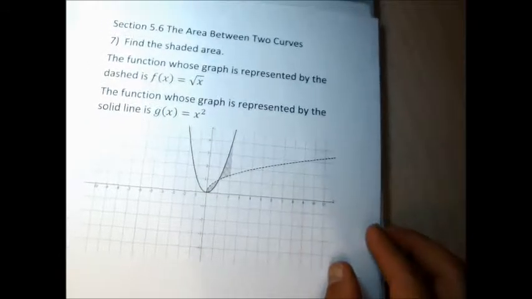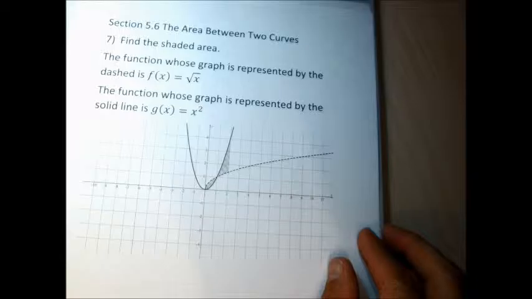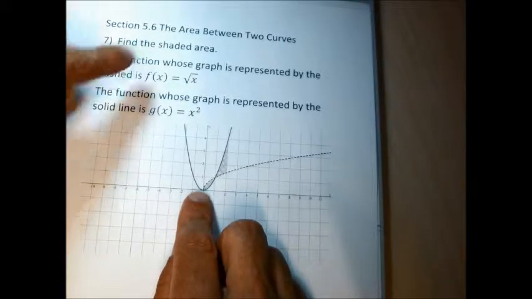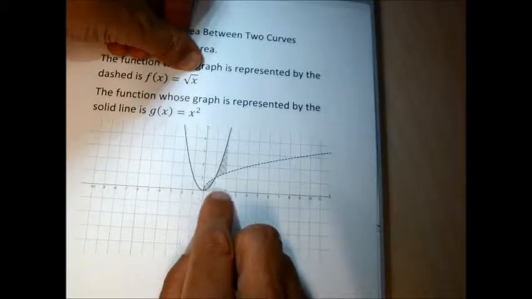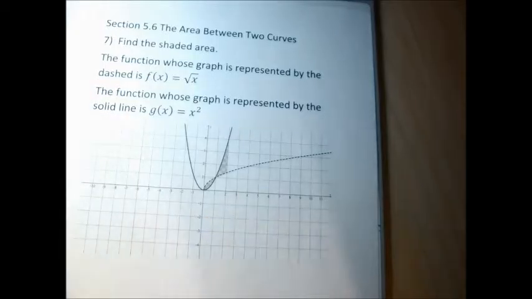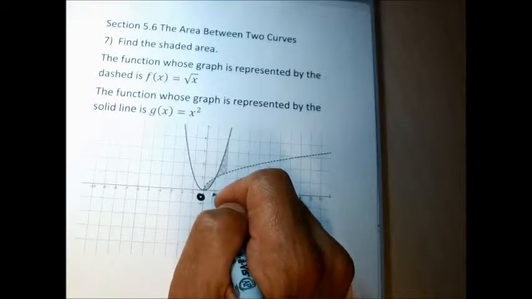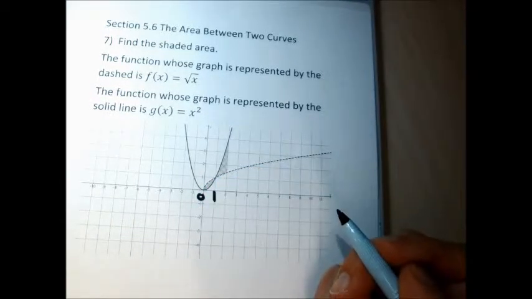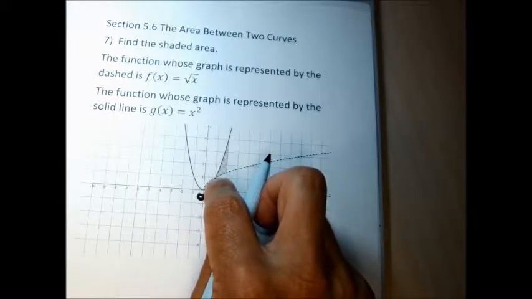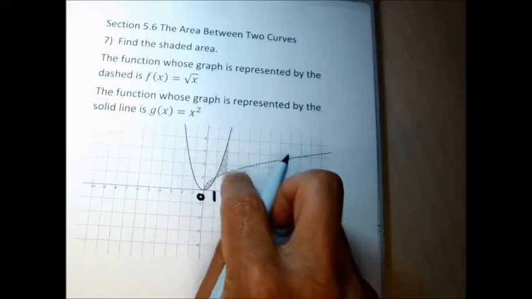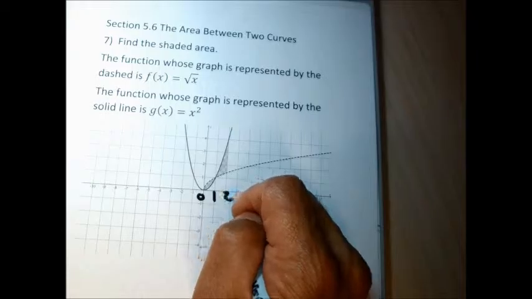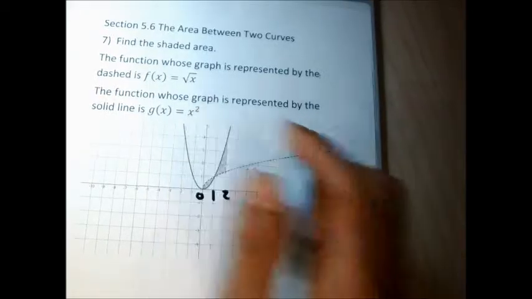Your problem for 7 is almost the same. You can see that the dashed line, the square root of x, is on top between x equal to 0 and x equal to 1. And then it flips, after x equal to 1 up to where the shading ends at x equal to 2, the solid line is on top.